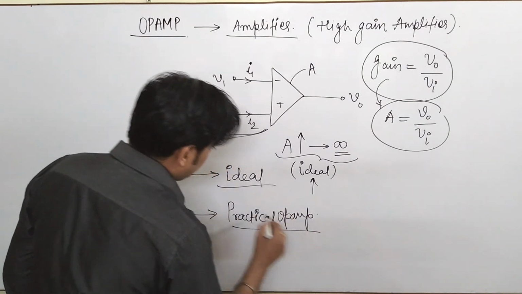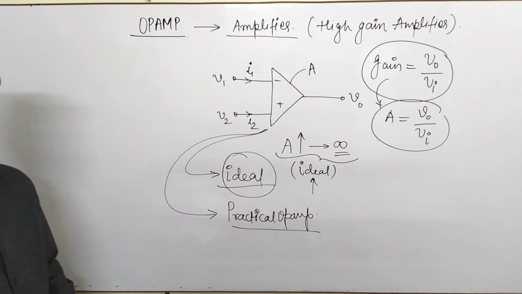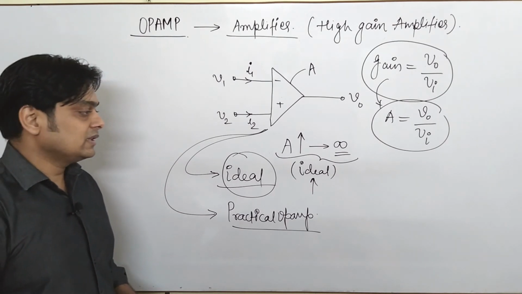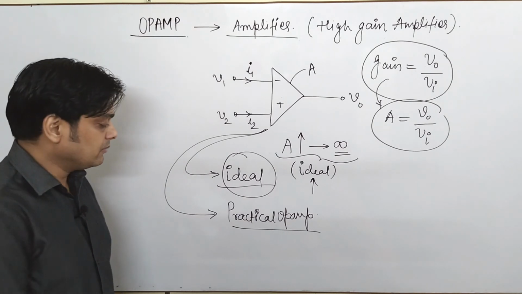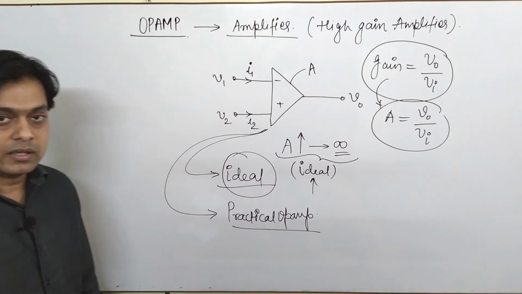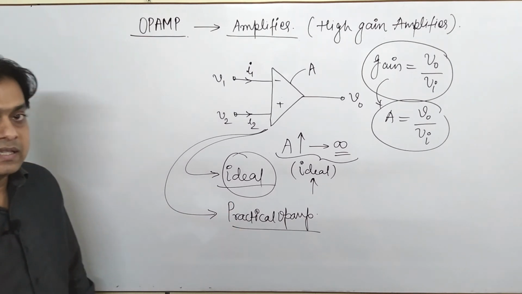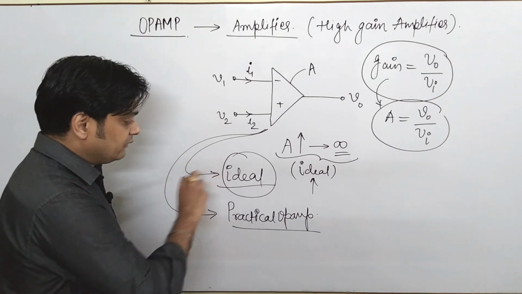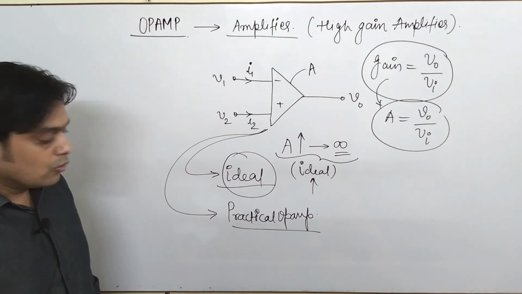In network theory, we will focus more on the ideal nature of an op-amp. Please keep in mind, while we are going through the problem solving sessions, we will focus more on the idealistic nature of an op-amp rather than the practical nature. Your practical op-amp problems you will find in your EDC subject, that is electronic devices and circuits, but from a network point of view, we will focus on the idealistic nature of an op-amp.